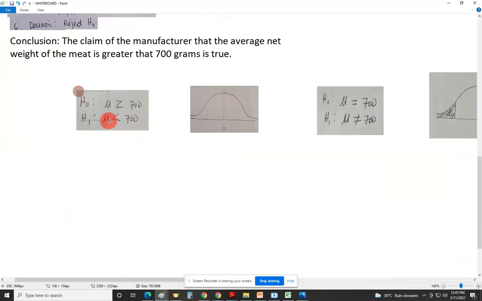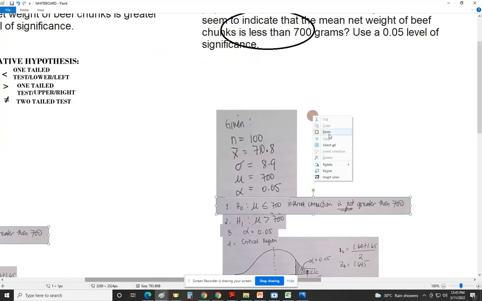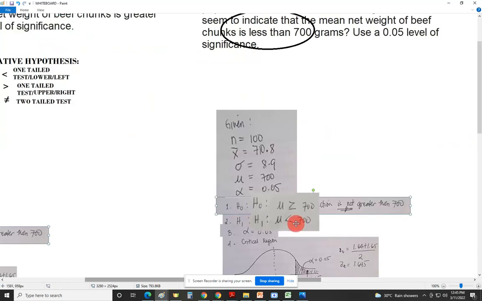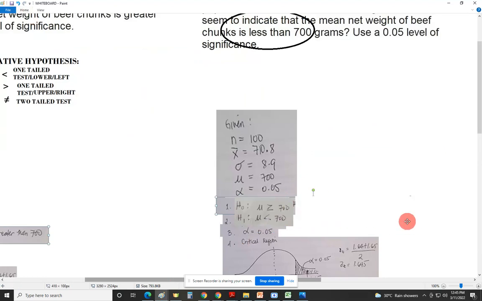I will just cover it there, so we can see the difference. Okay, Christian, which one is the claim here of the manufacturer? H sub 1, H sub 0.